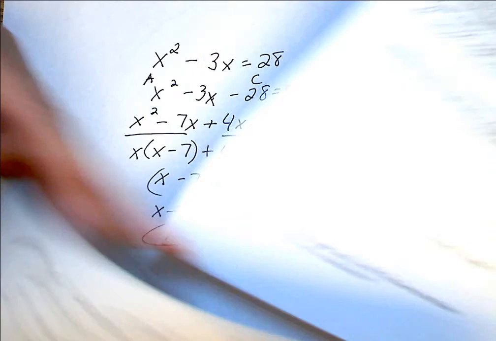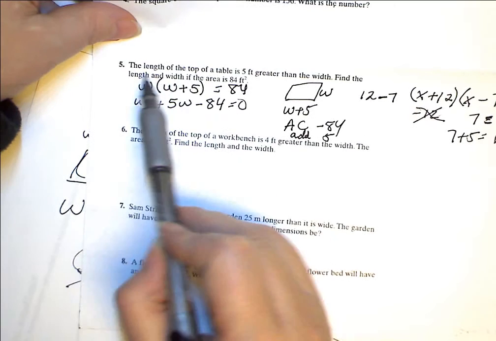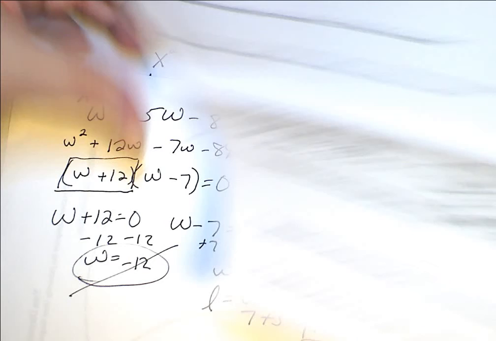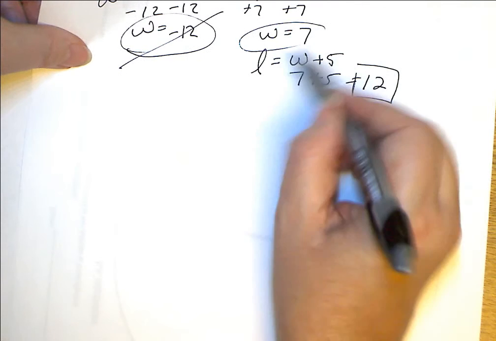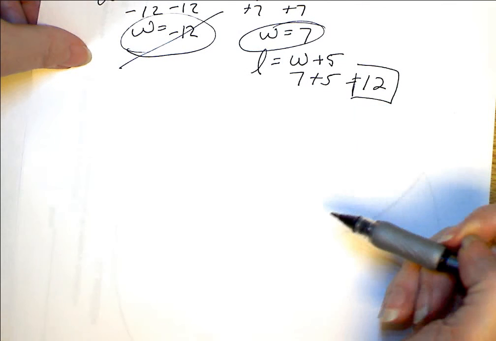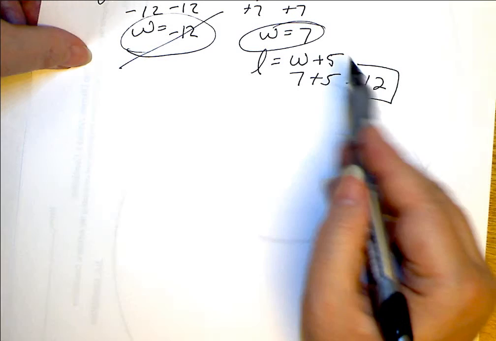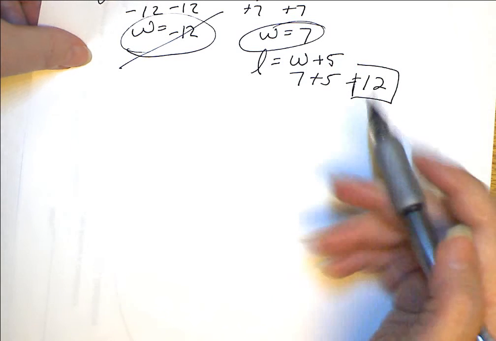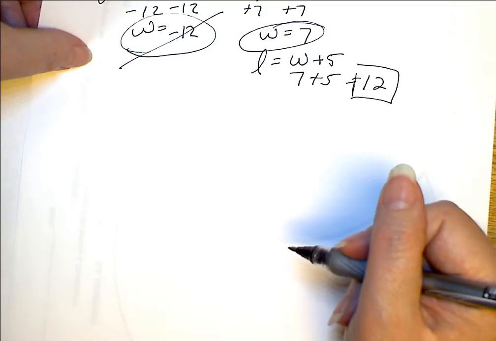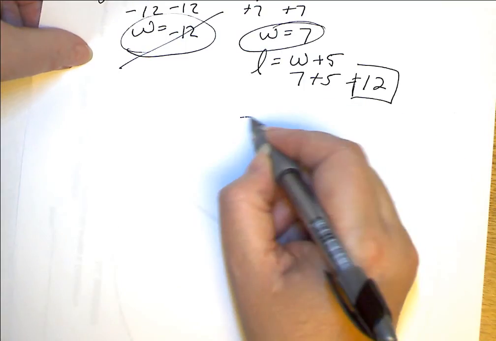So my width is 7 and my length is 12, because 7 plus 5 is 12. So length equals width plus 5. Got it? So the dimensions of my table are 7 by 12.